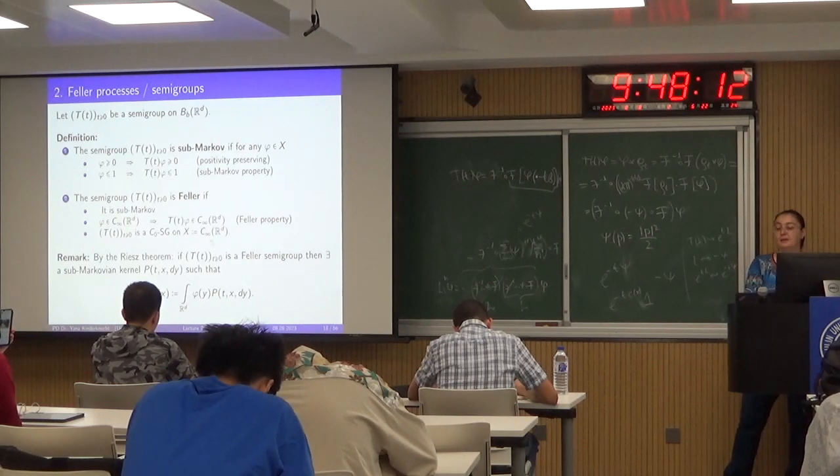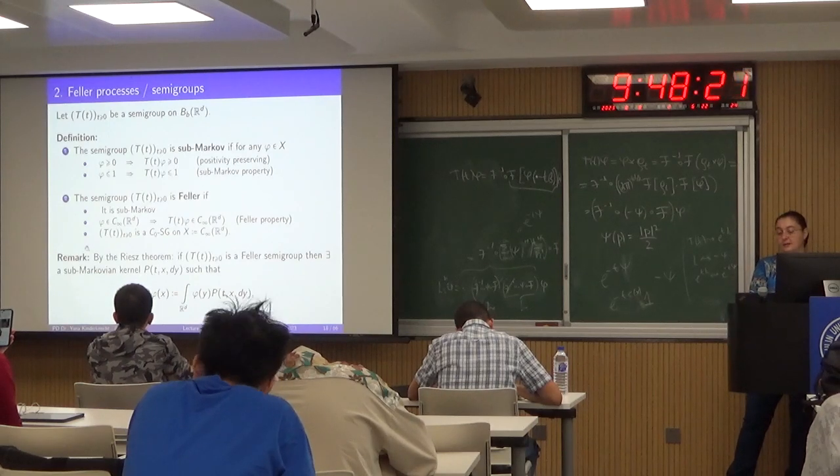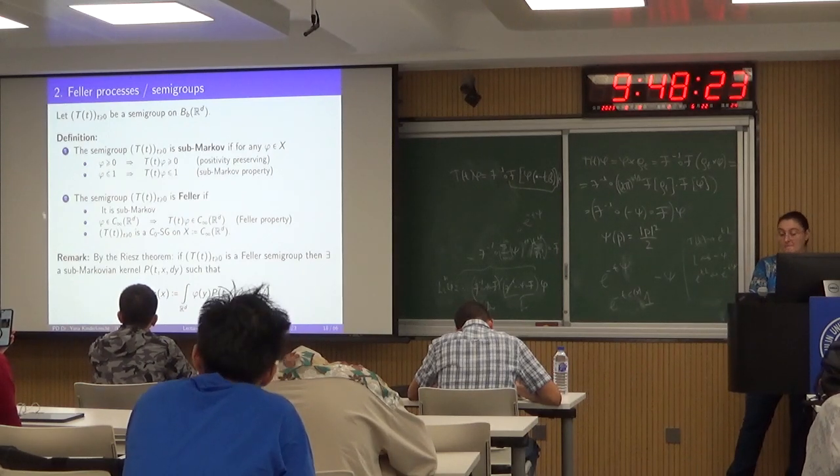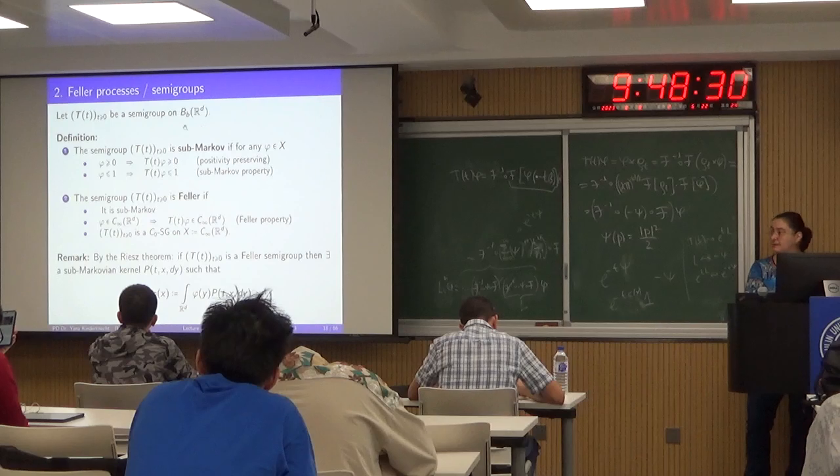In one way, we start here and we define the Feller semigroup as it was done before. Otherwise, we start from the Feller semigroup here, and by this theorem, we can extend the semigroup to the whole space, Bb.